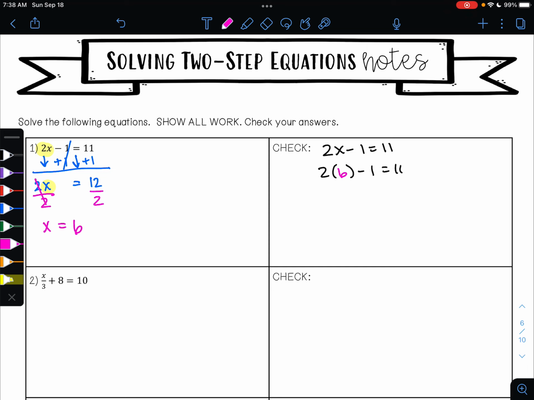And again, I'm using parentheses here to represent that multiplication. 2 times 6, using the order of operations, is 12. 12 minus 1 is 11. Does 11 equal 11? Yes, it does. So we have done everything correctly, and 6 is our answer.